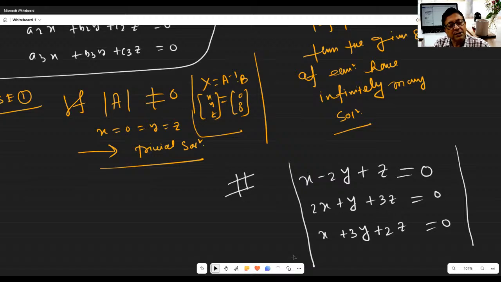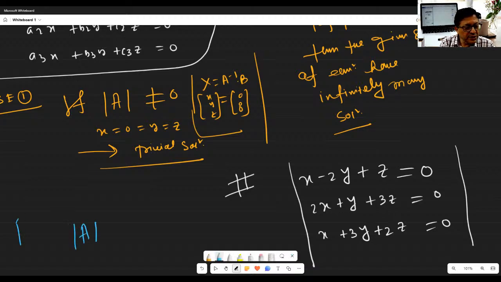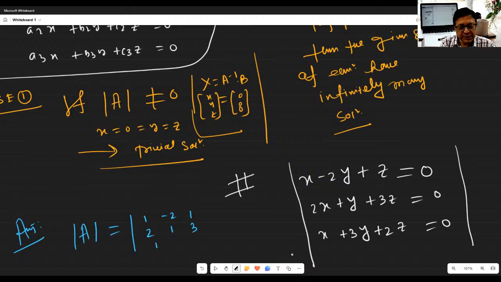For 3 cross 3 order, you have to check that. Delta you find first, delta you must check. For this sum, delta is the determinant 1, minus 2, 1, 2, 1, 3, 1, 3, 2. This is nothing but 1 into (2 minus 9) minus (minus 2) into (4 minus 3) plus 1 into (6 minus 1), isn't it?